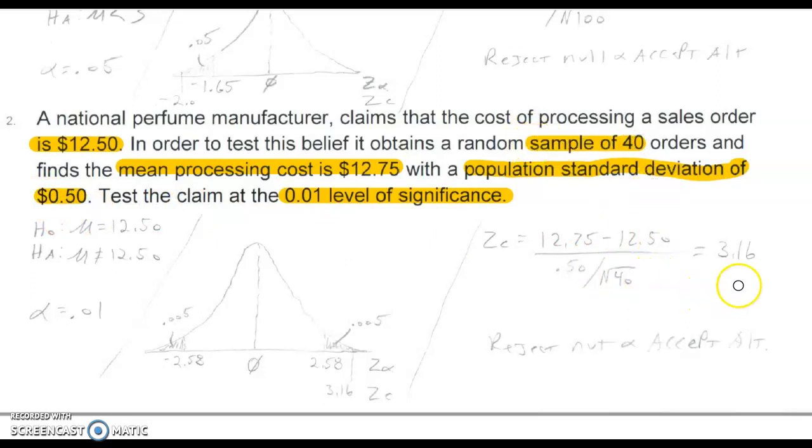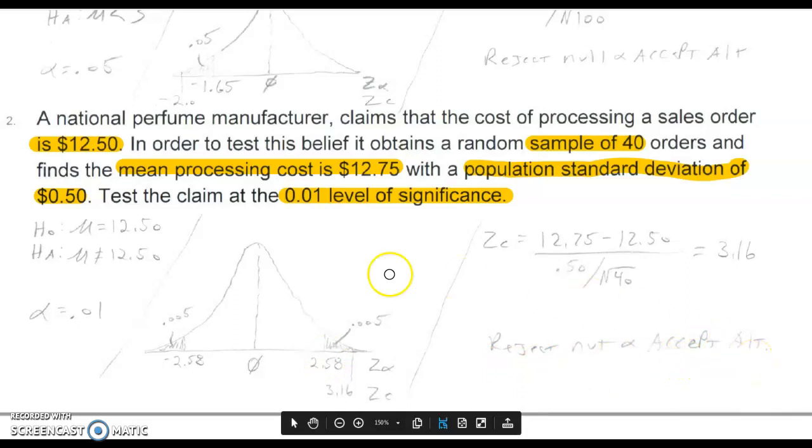If you do this, you should get 3.16. So where does that lie? Well, 3.16 is up here in our rejection region, in the upper tail. It lies beyond the 2.58 that defines that rejection region, which means we reject the null and accept the alternative.